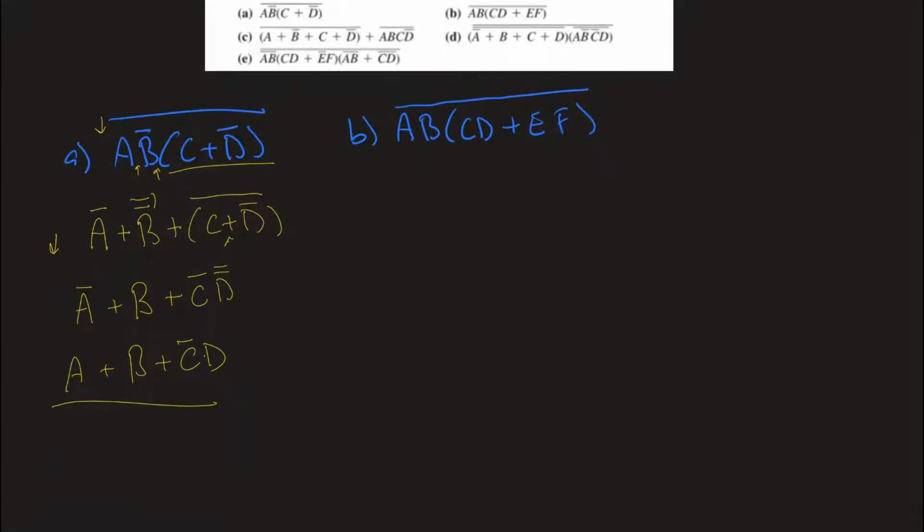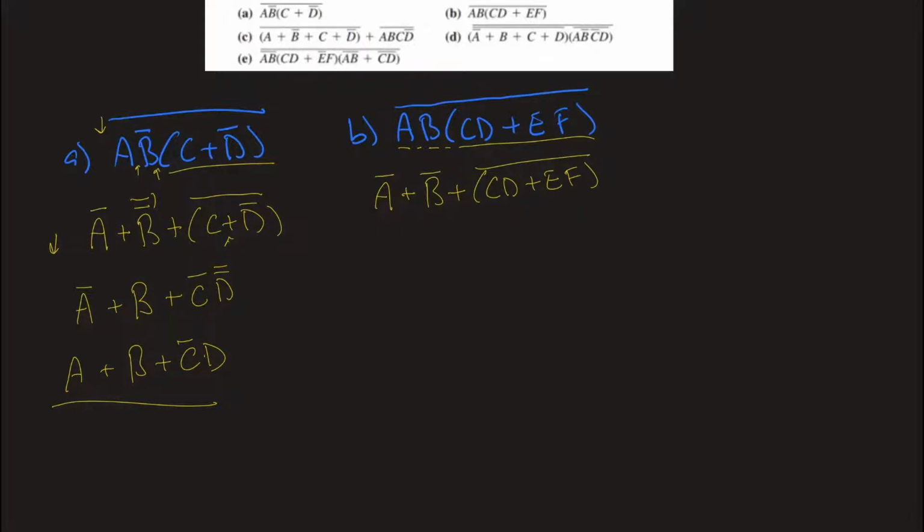And so I see this over the A, the AND, the B, the AND, and this whole thing. So I'm going to do A naught, or B naught, or, and then this whole thing in parentheses, C, D, or E, F, all with the overbar.